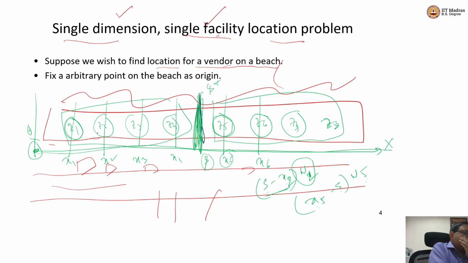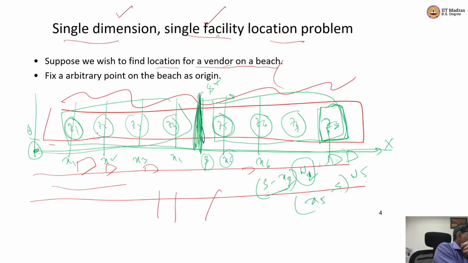Now, if you think that zone 8 is the most crowded zone, probably because parking is nearby, people don't want to walk, they simply park the car and go to zone 8. If you think zone 8 is going to have the maximum density, most probably the location of the facility will shift closer to zone 8.